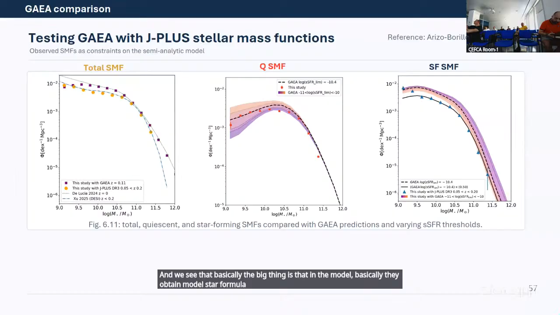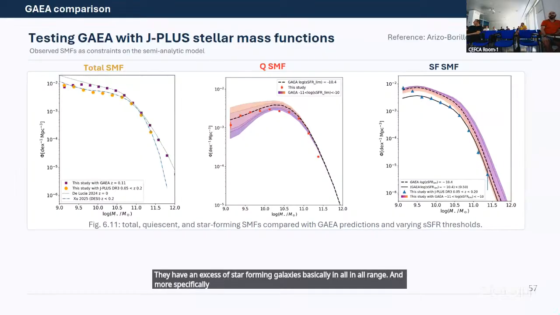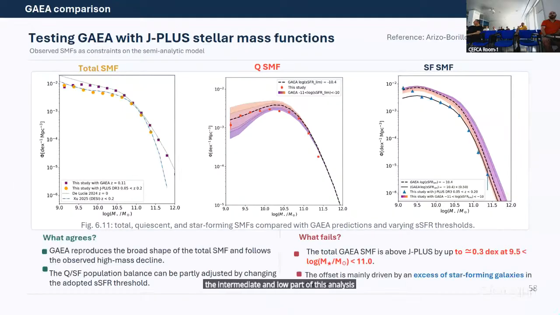And that's an issue. We don't know exactly what's going on, but they have an excess of star forming galaxies, basically in all range, and more specifically in the intermediate and low part of the stellar masses. So let's see what's happening.